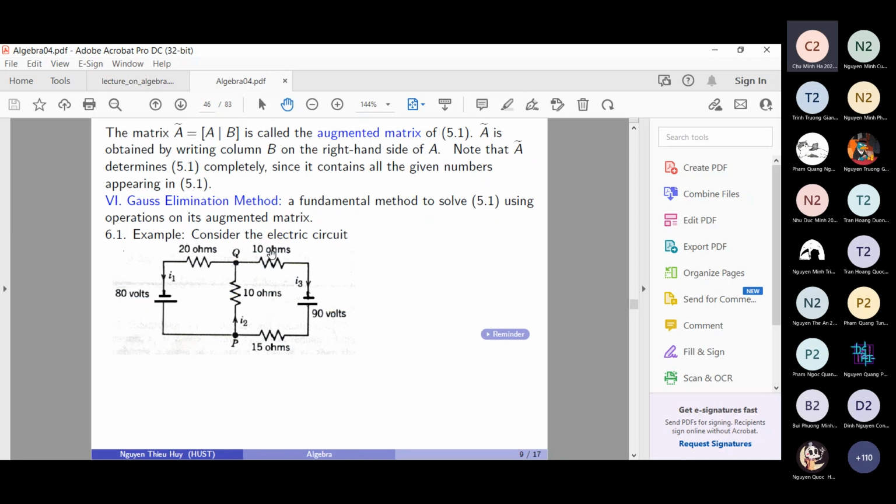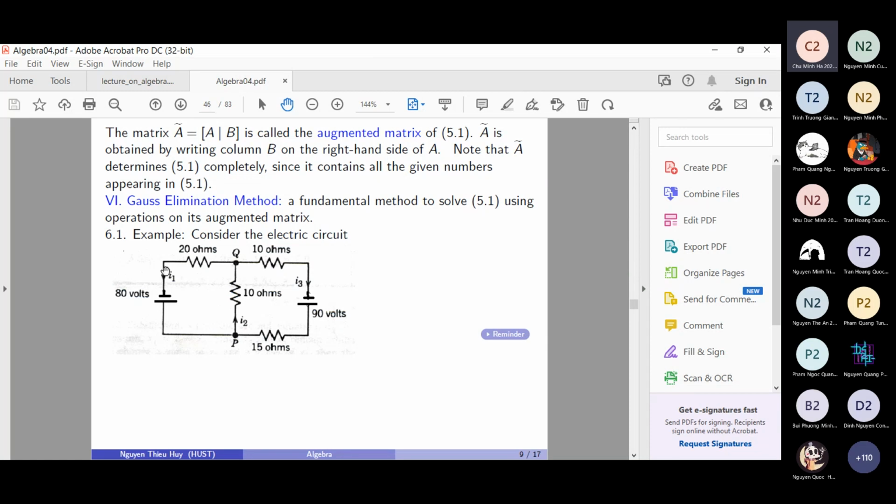And now the resistances here are given, and we have to find the currents. Let's choose the direction of the current arbitrarily. It's no problem which direction the current has, because at the end if you obtain a negative value, this means that the direction is just opposite to what we chose.